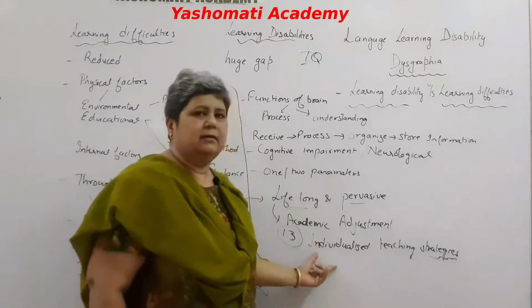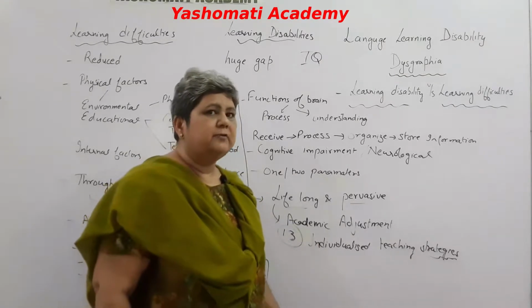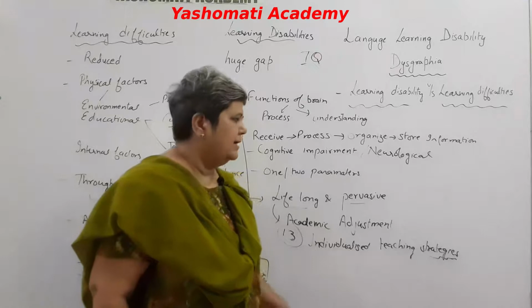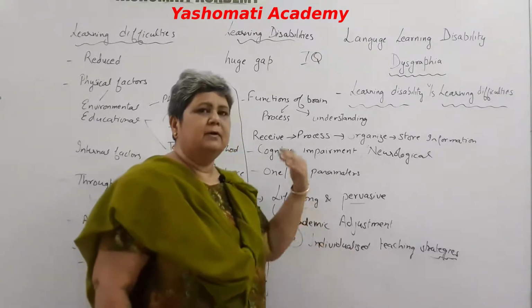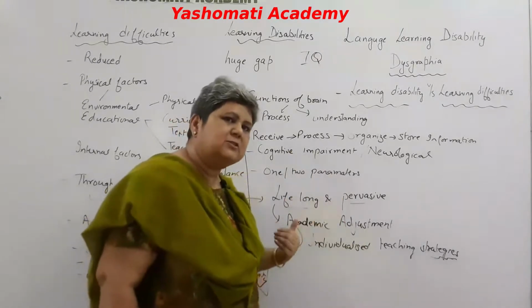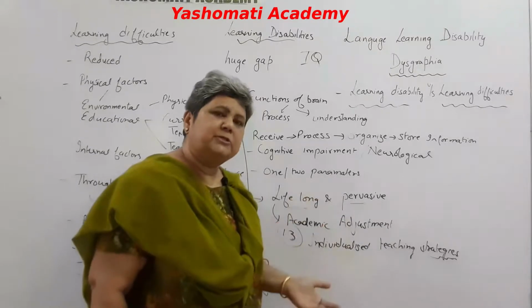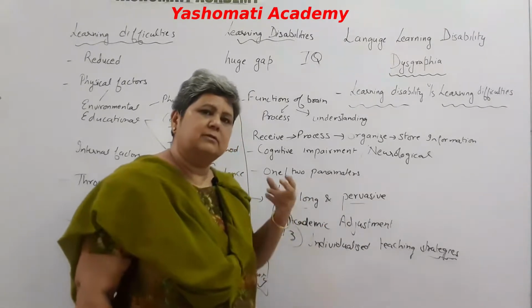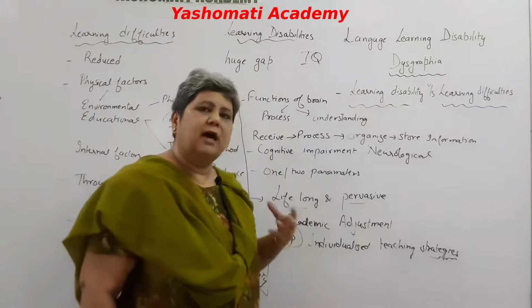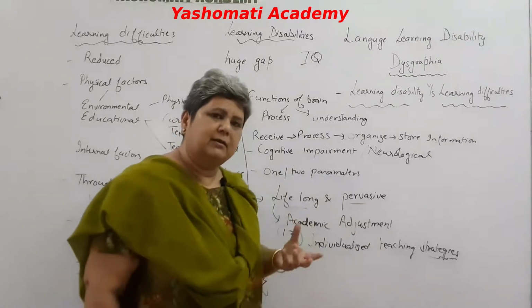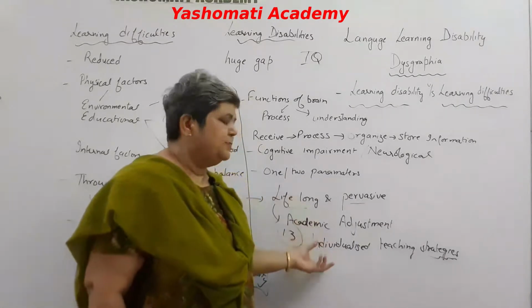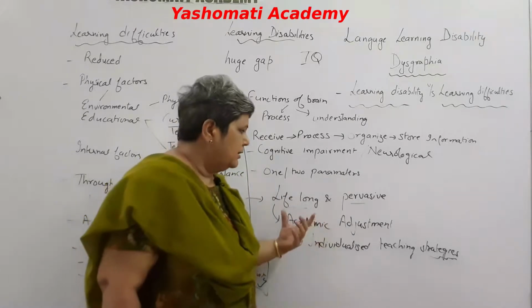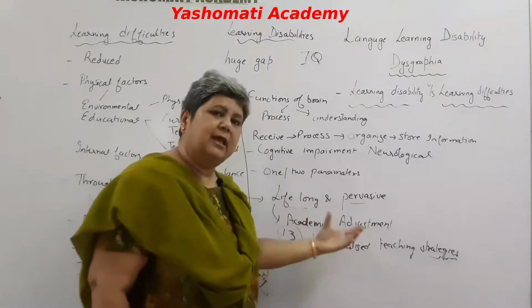And for that, they will have to first get it identified and then help the child by taking support from a special person who has knowledge of how to teach a special child, or how to help a child with learning disability.